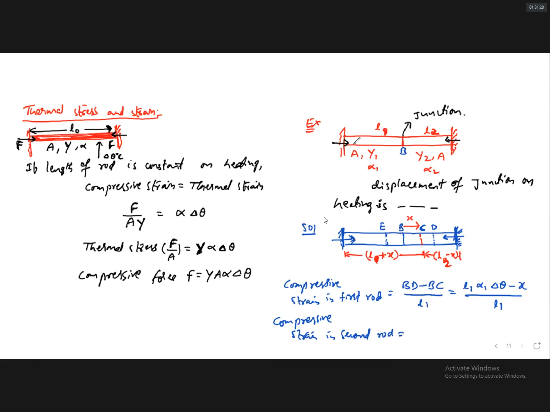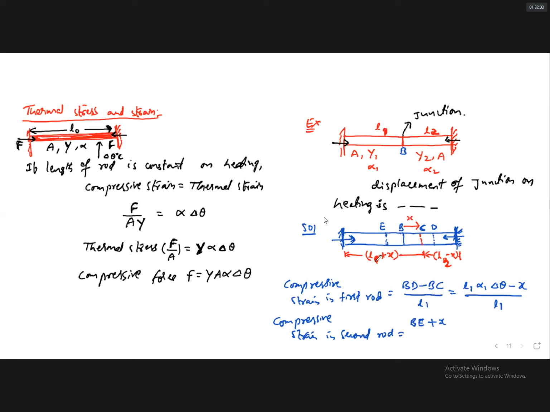Now it is moved towards the left, but finally it sets at C. Position C means it again comes back to that position C. So that is due to compression, it is displaced from E to C, and due to expansion it moved from B to E.